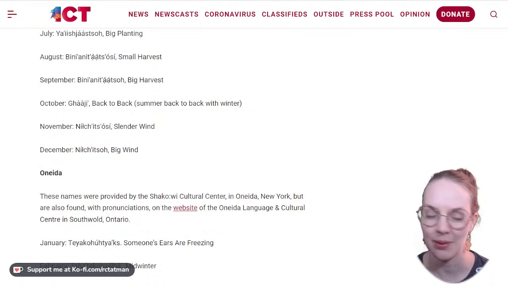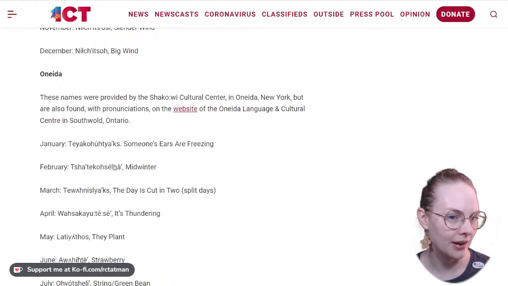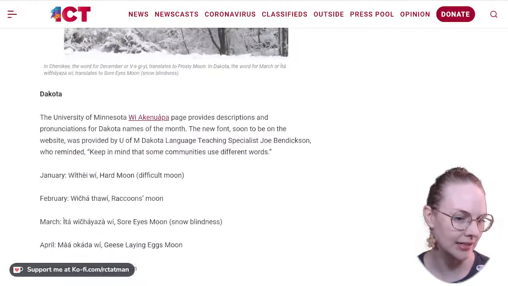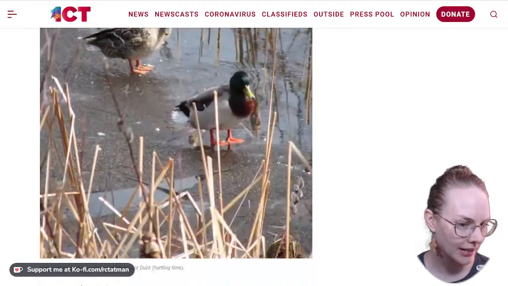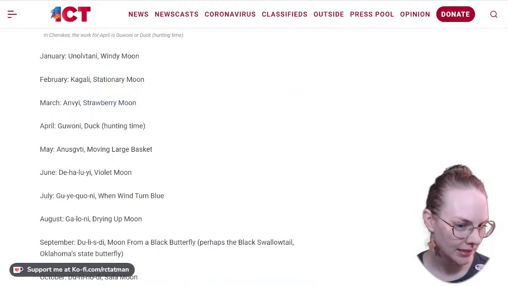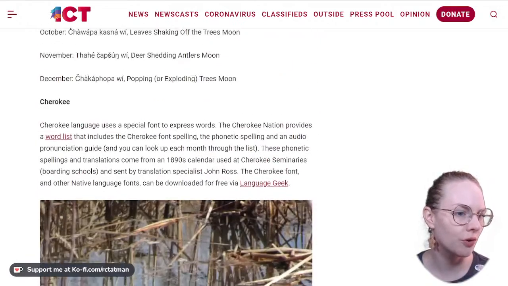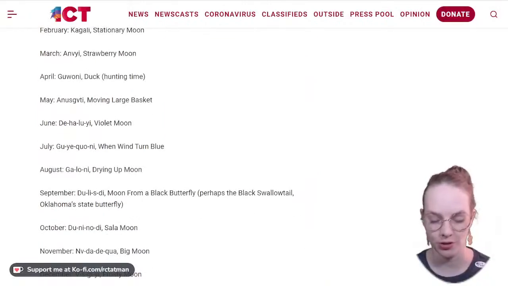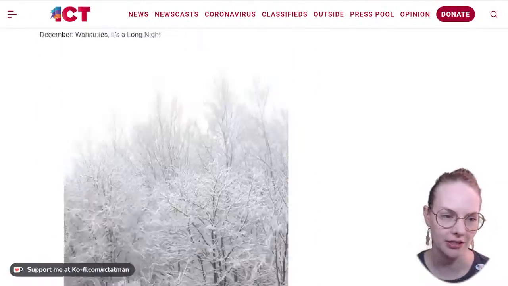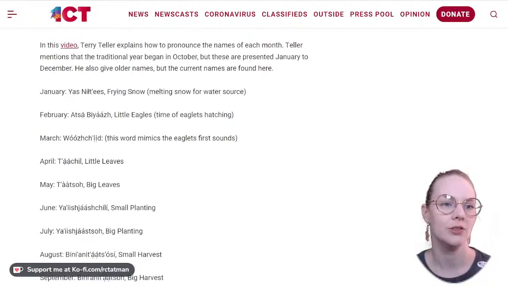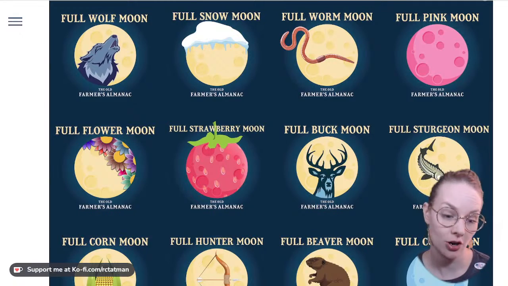They are sort of a temperate woodland thing. June in Oneida, June for the Dakota, March for the Cherokee in Oklahoma, which you can see is quite a bit earlier. Oklahoma is further south of where those other two languages are currently spoken. So I think that is actually an attributable name, and I'm not sure about some of the other ones.